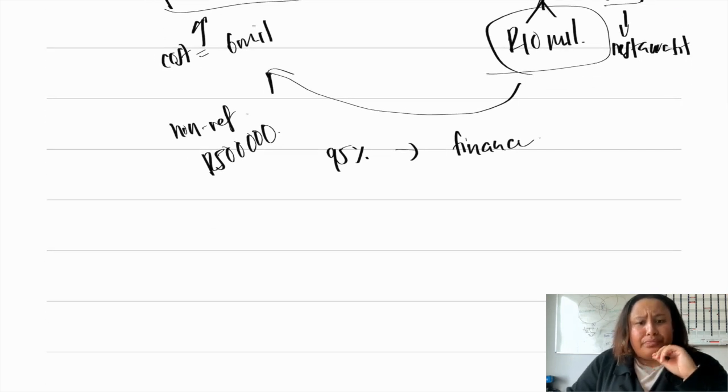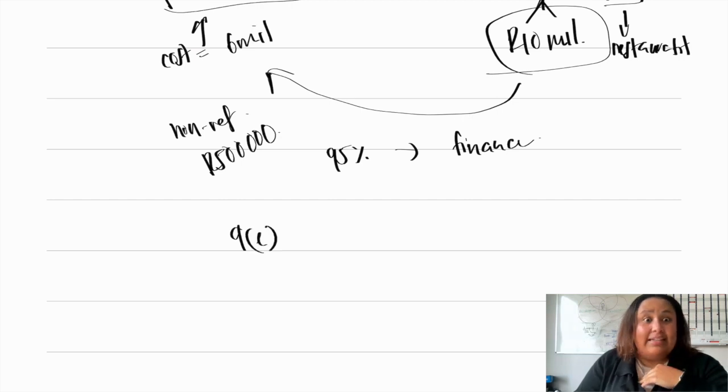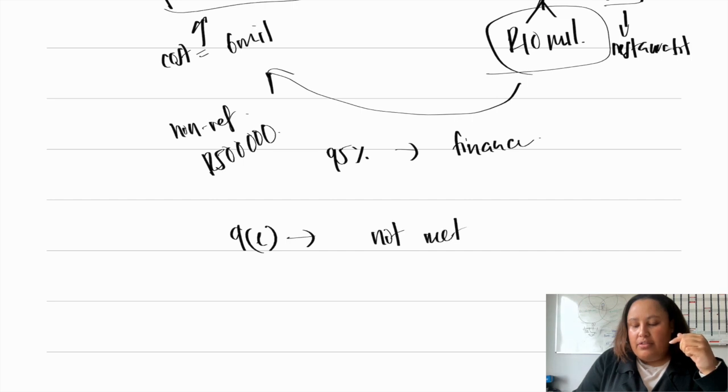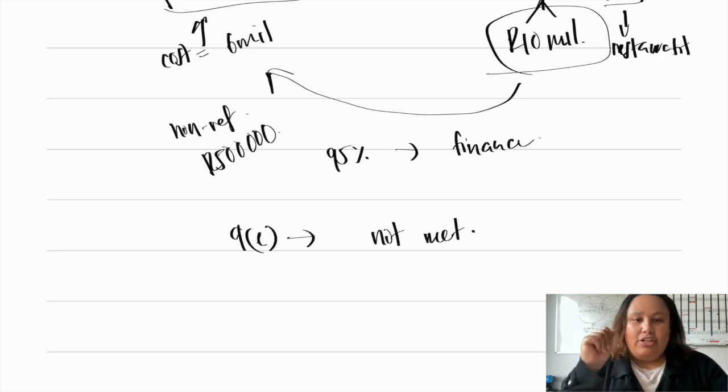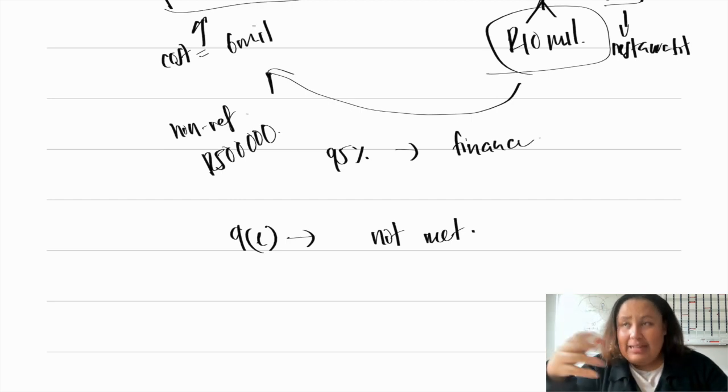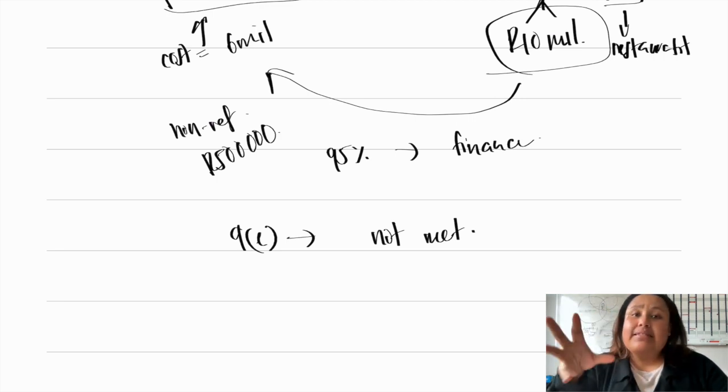In assessing whether 9E is met, that is paragraph 9E in IFRS 15, the real estate developer concludes that the criteria is not met. The reason is that the customer is intending to repay from the profits generated from the restaurant. However, because of the level of competition, there is considerable doubt as to whether the business is going to be profitable, because it's a new restaurant entering an already saturated market.